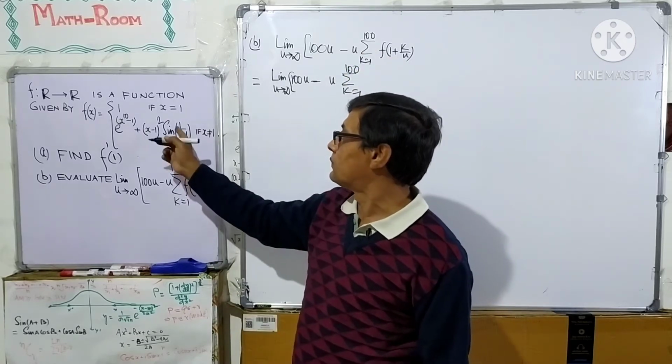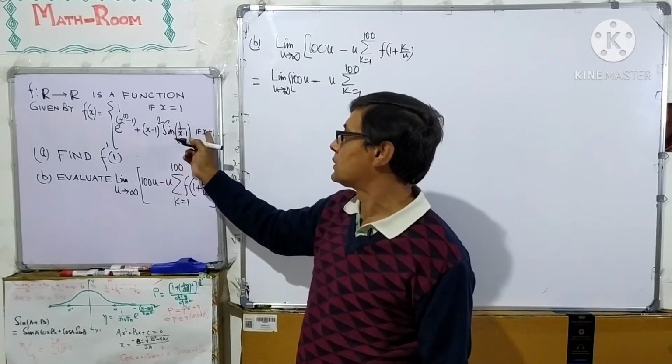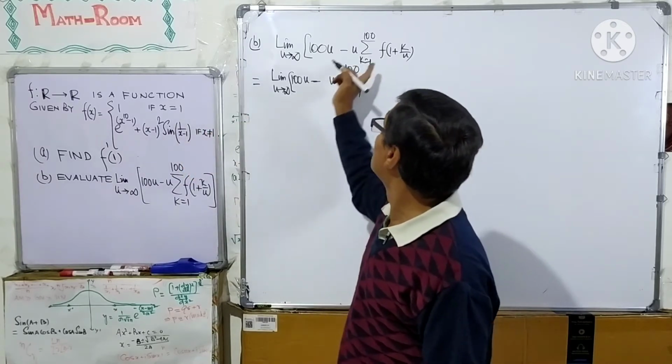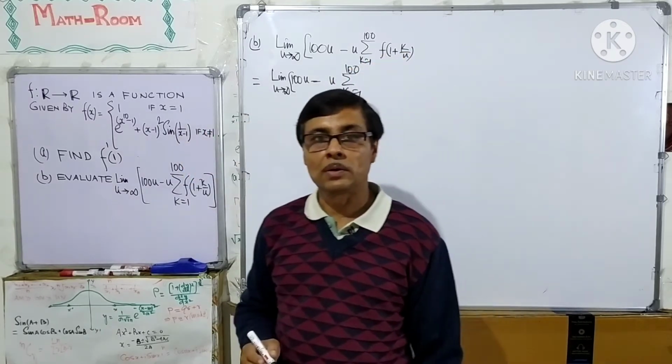We can choose the second function because x is not equal to 1; here also 1 plus k over u is not equal to 1.